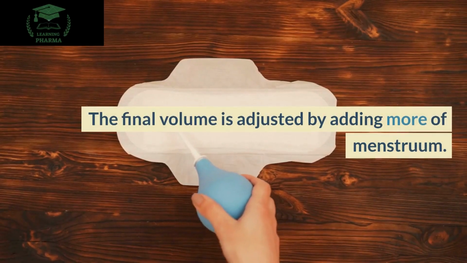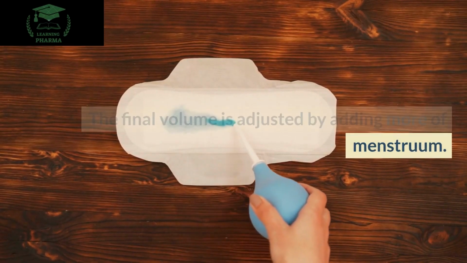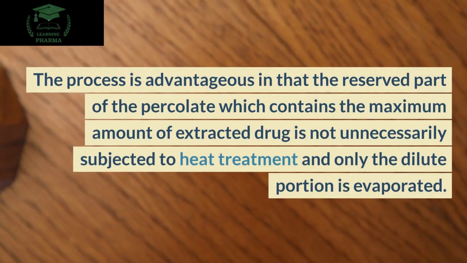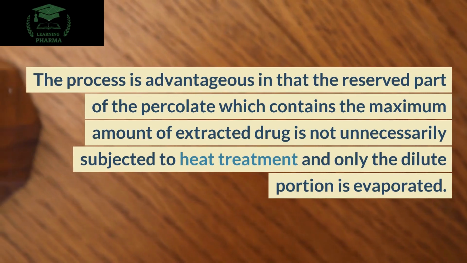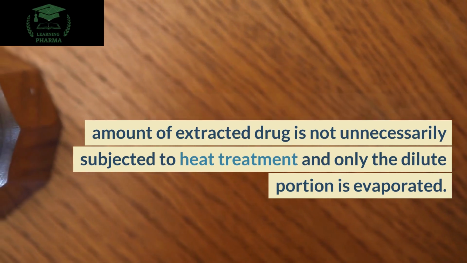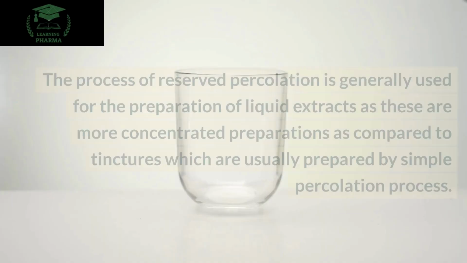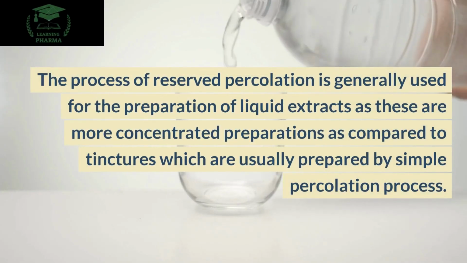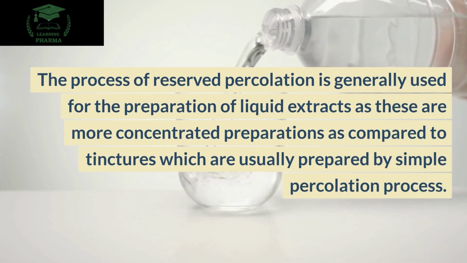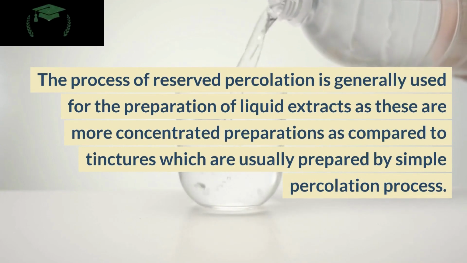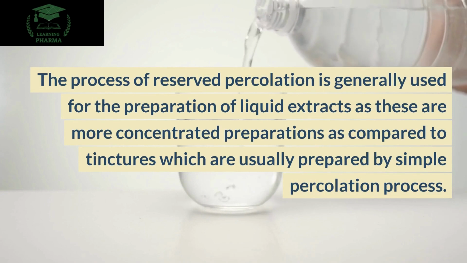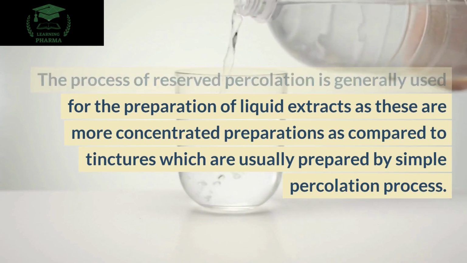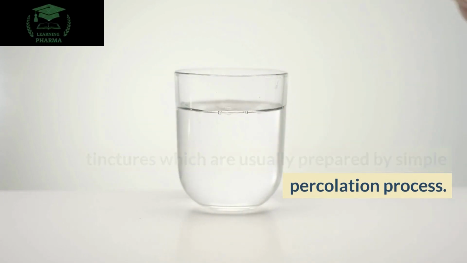The final volume is adjusted by adding more of menstruum. The process is advantageous in that the reserved part of the percolate, which contains the maximum amount of extracted drug, is not unnecessarily subjected to heat treatment and only the dilute portion is evaporated. The process of reserved percolation is generally used for the preparation of liquid extracts, as these are more concentrated preparations as compared to tinctures, which are usually prepared by simple percolation process.